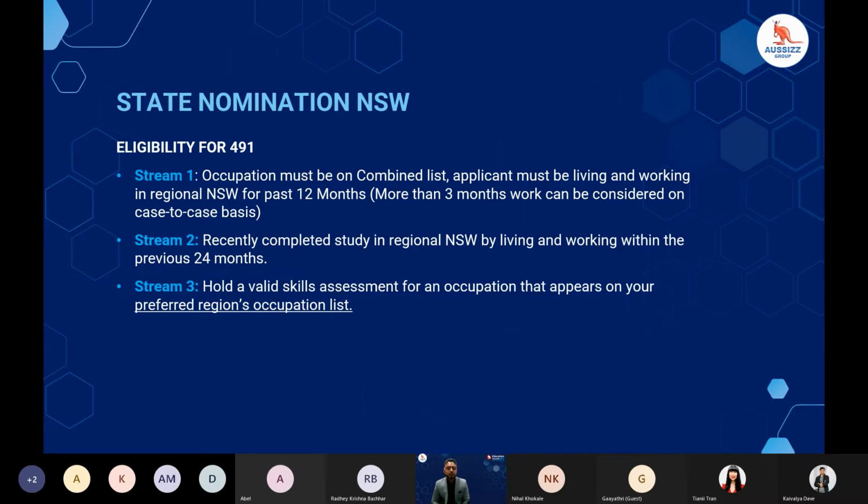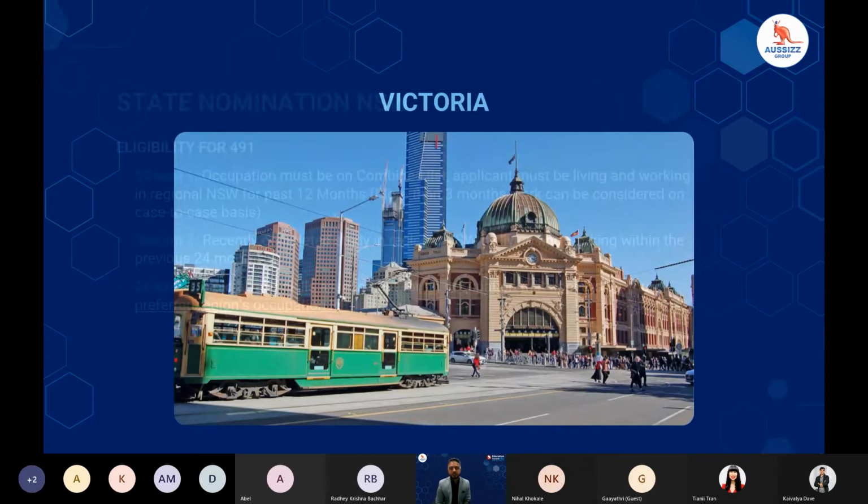Once you get invited, you collect all your documents and apply for state nomination with the region where your occupation is open on the list for stream 3. Then if the region is happy to approve your nomination, you get an invitation in your SkillSelect, and you can apply for a 491 through your SkillSelect, leading it to your ImmiAccount.